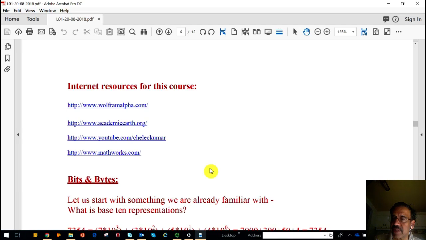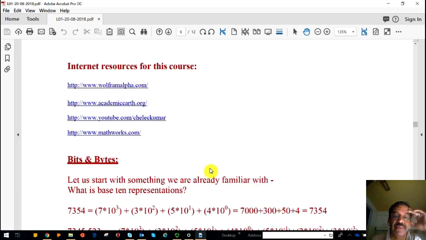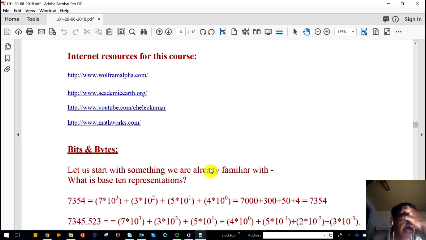Wolfram Alpha is particularly good for doing a lot of mathematical and symbolic processing, and at the appropriate stage I will introduce it. If you have used Mathematica at any stage, it was developed by Wolfram, and Wolfram has a cloud-based service that allows you to do a lot of these mathematical operations.